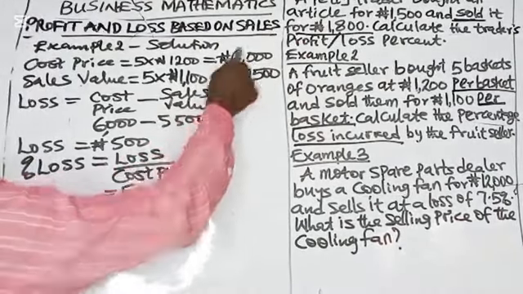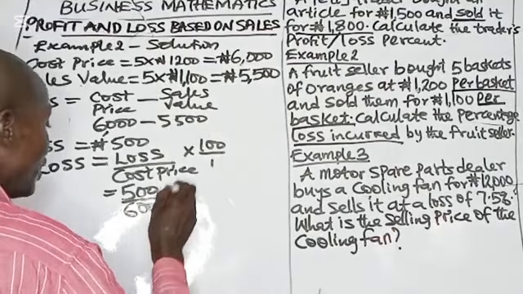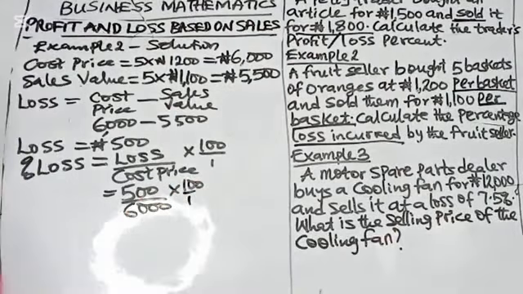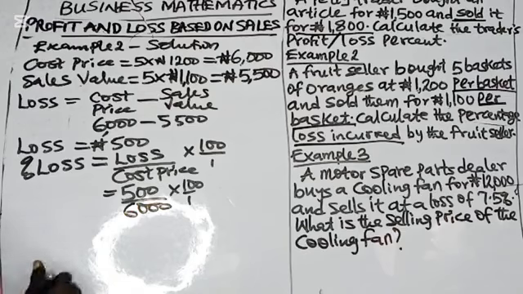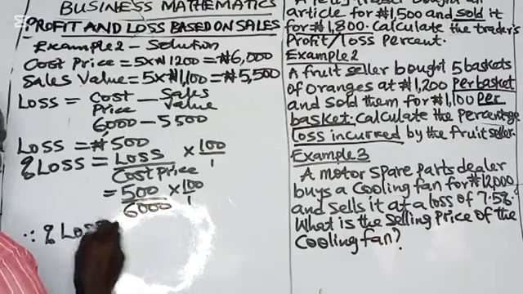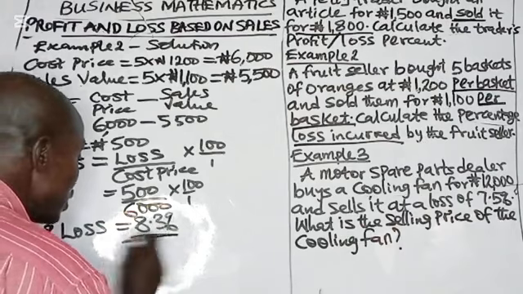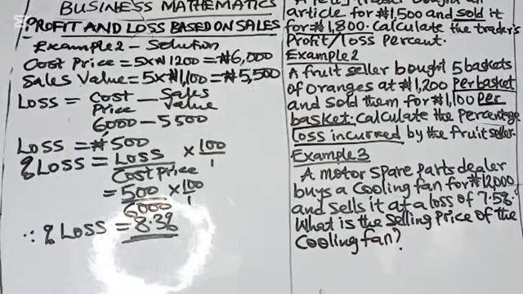The items were bought for 6,000 naira, times 100 over 1. So 500 times 100 divided by 6,000. That gives us 8.3%. Therefore, percentage loss equals 8.3%. That is the solution to example 2.